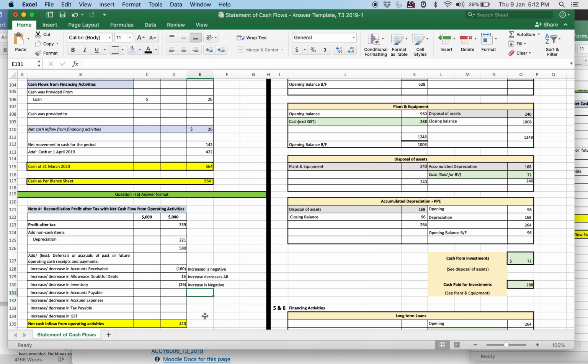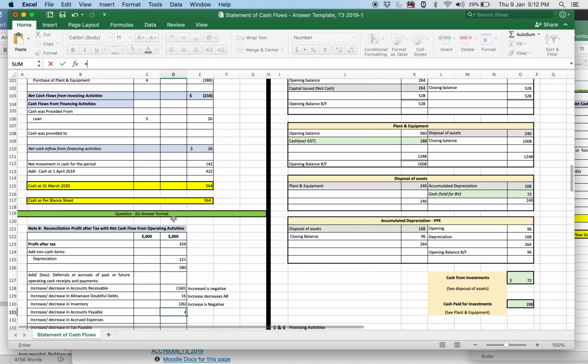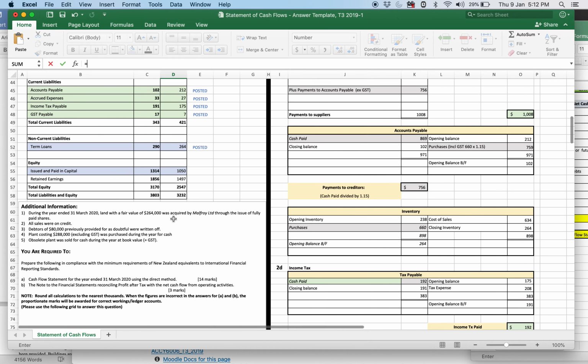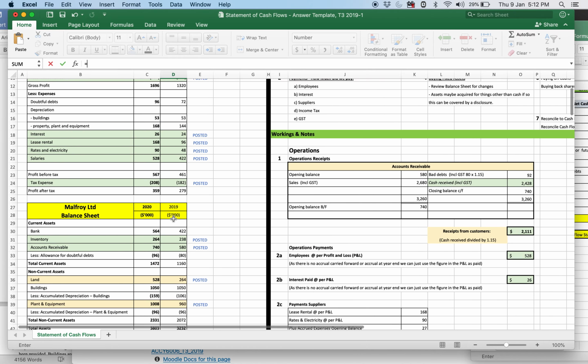Accounts payable. With the accounts payable, again, what is the difference?